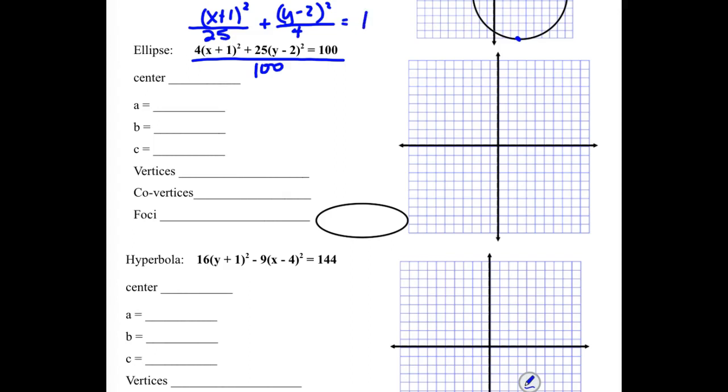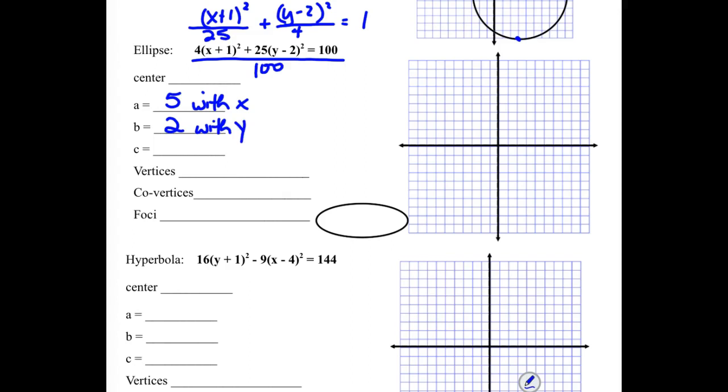All right. So in an ellipse, how do we know which one's A and B? The bigger one's A. So in this case, A would have to be 5 because 25 is bigger than 4. So A is 5, B is 2. A goes with X and B goes with Y.